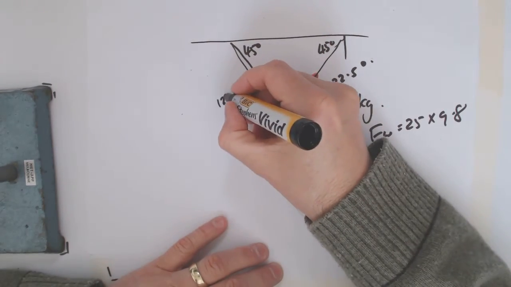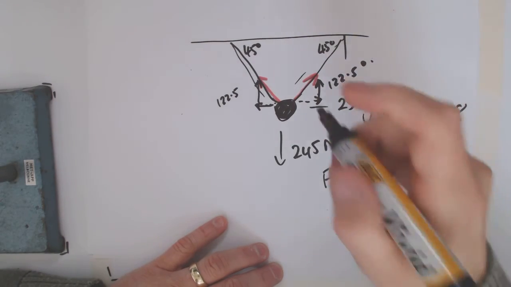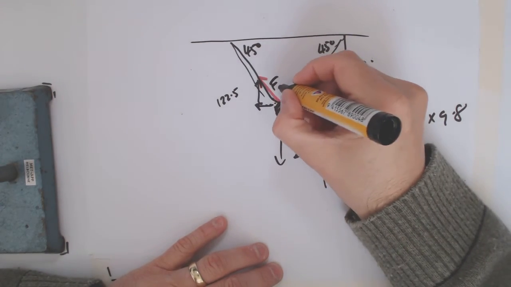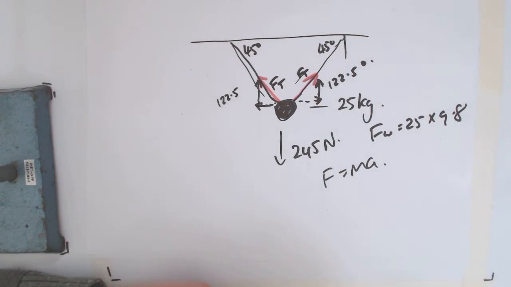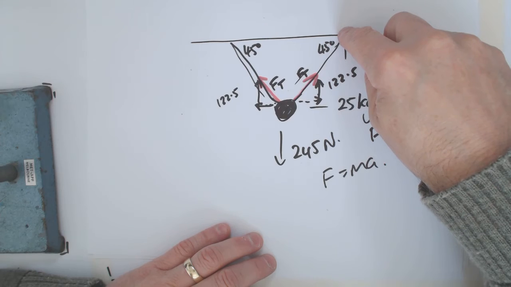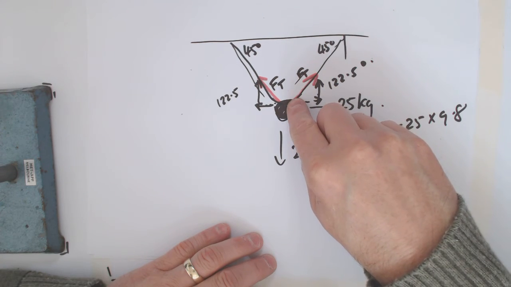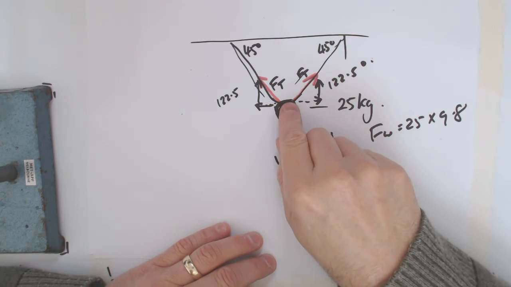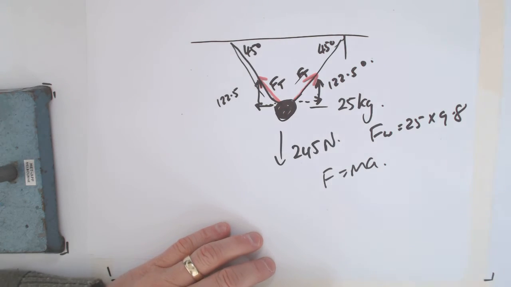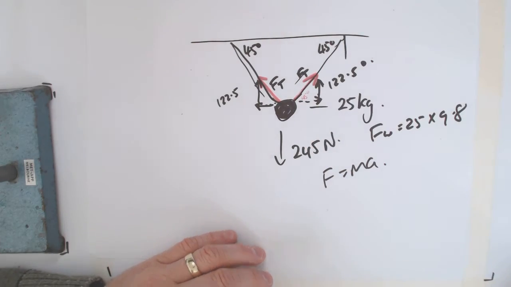So if each vertical force needs to be 122.5, then we can calculate the force of tension, Ft. If this angle is 45 between the horizontal and this one here, then we know the angle here is also 45 degrees. Everything's 45 degrees.